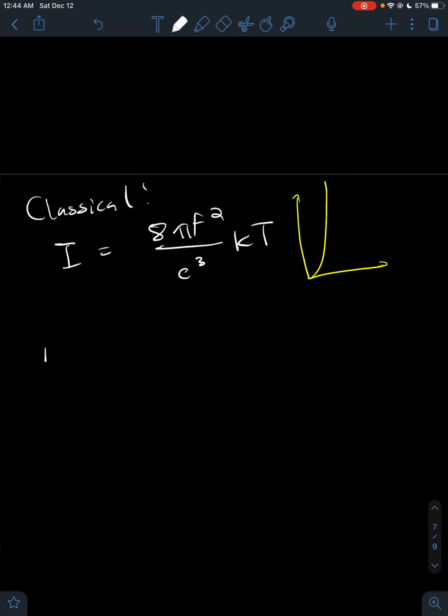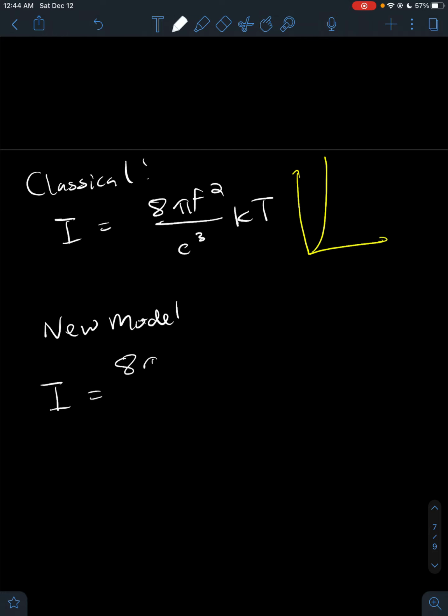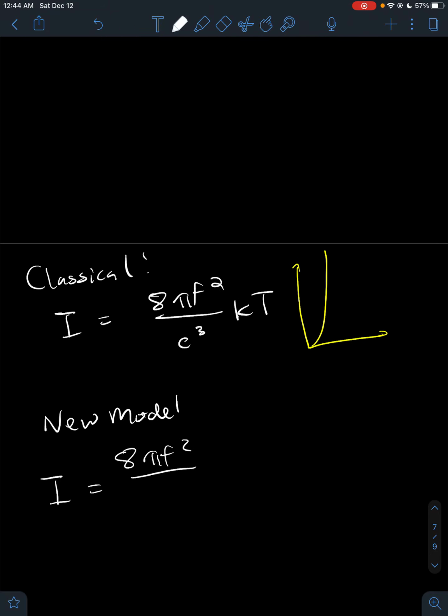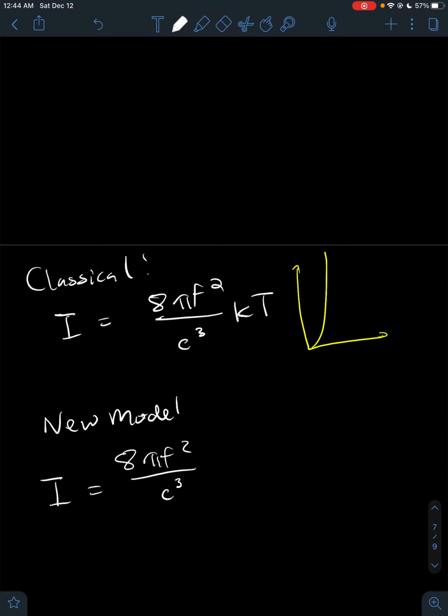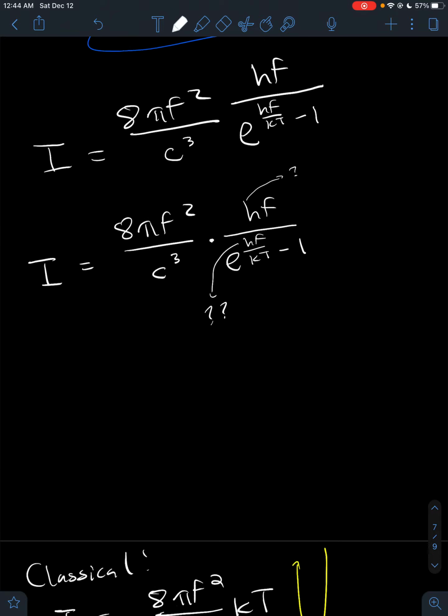And our new model gives that I equals 8 pi f squared over c cubed times hf over e to the hf over kt minus 1.